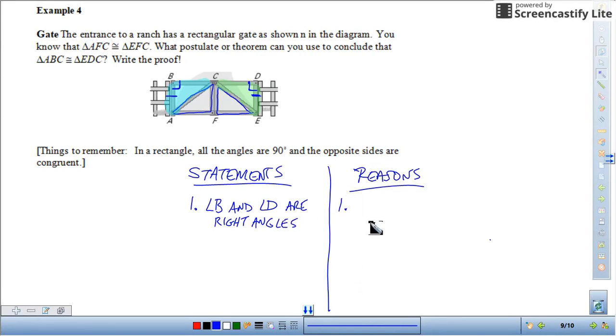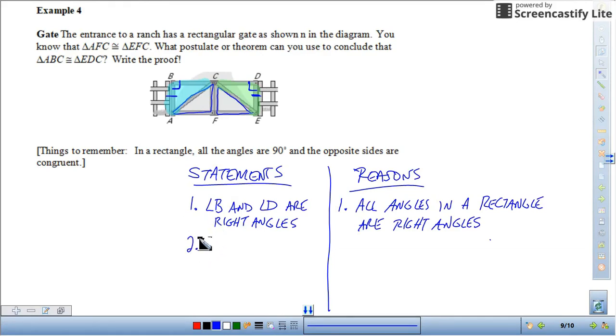That's really based on the fact that all angles in a rectangle are right angles. You can almost think of that as a given, or just a characteristic of a rectangle. We really don't have any theorem or postulate to prove that.